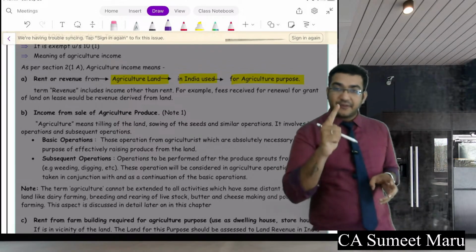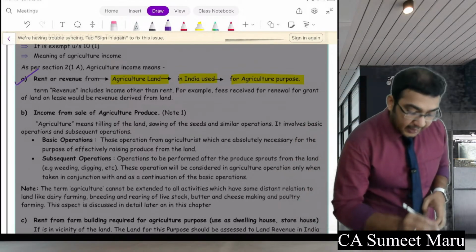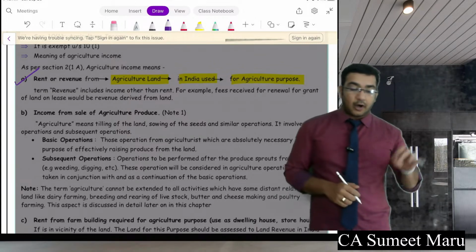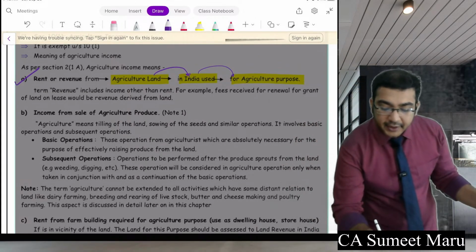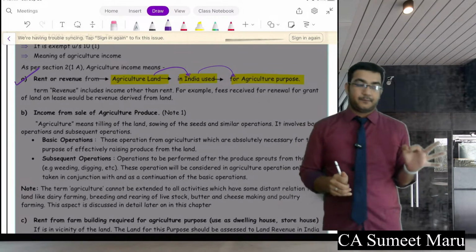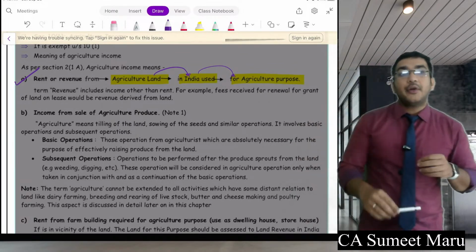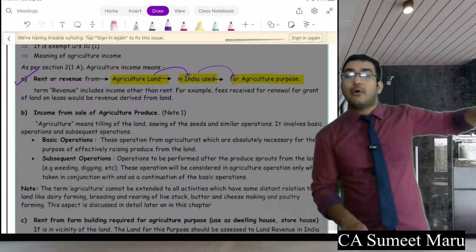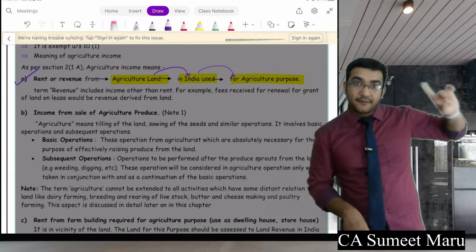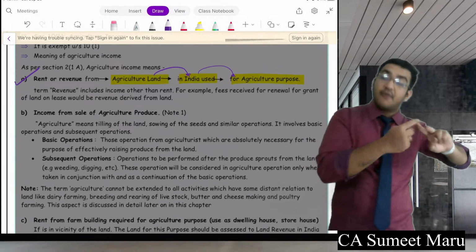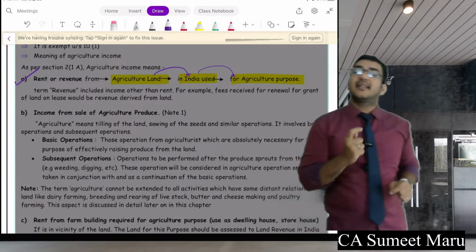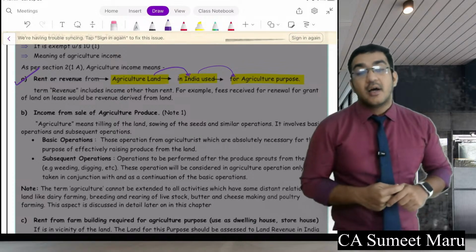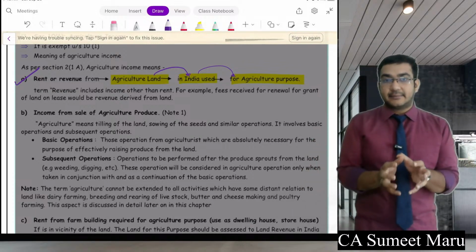The first is rent or revenue from agriculture land which is in India and which is used for agriculture purpose only. So whenever you rent out your agriculture land in India for agriculture use only, all these 3 things should be there. Then and only then is income from such land, such rent, exempt.